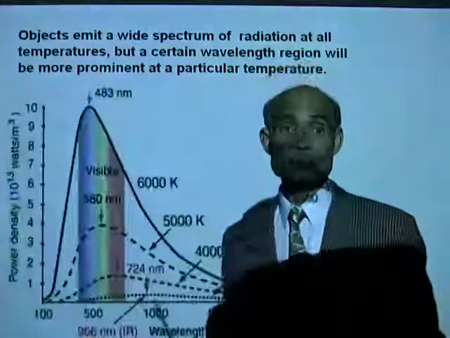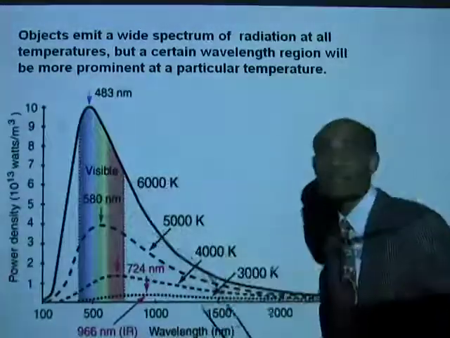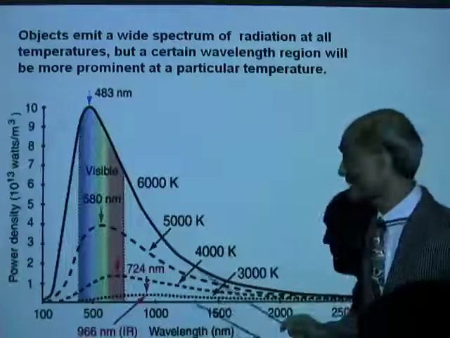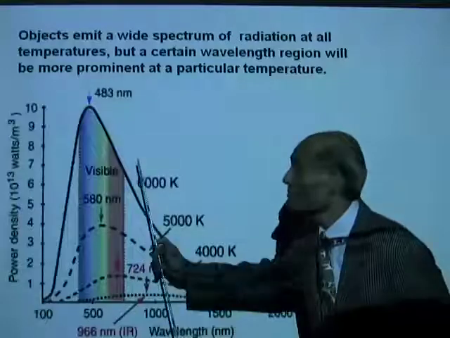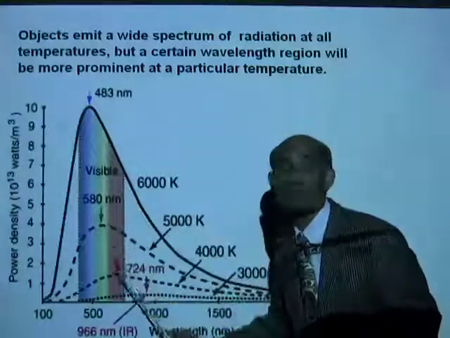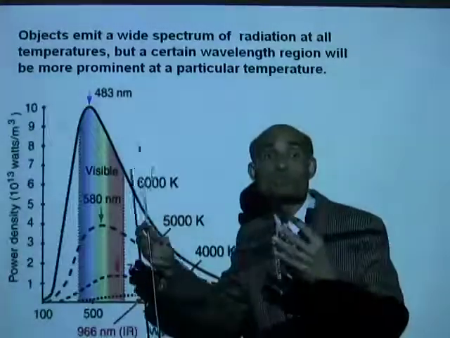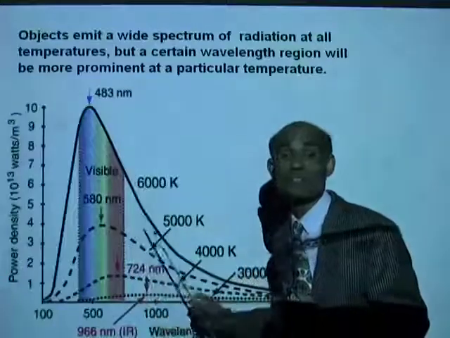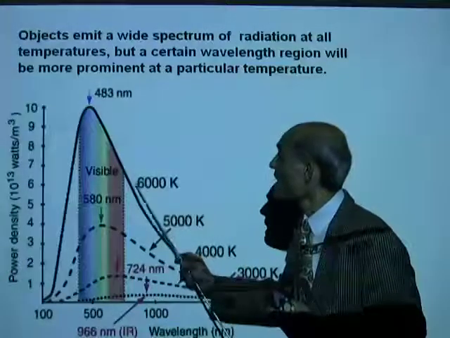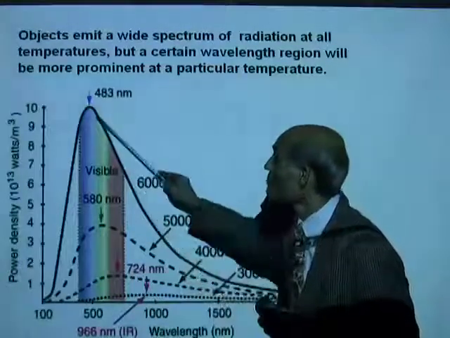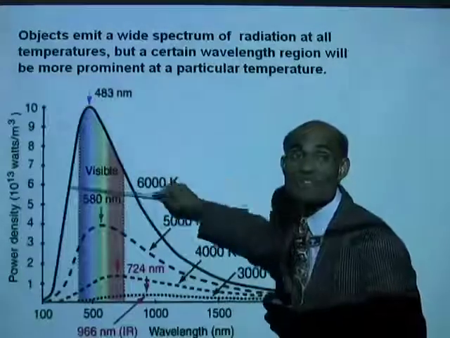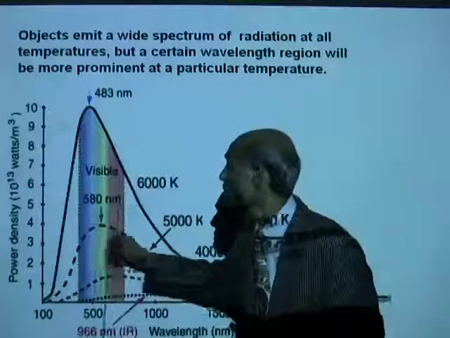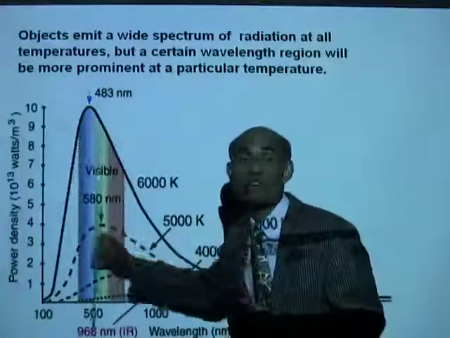Now, this picture illustrates that phenomenon. As you increase the temperature, the bump on the graph represents the most prominent radiation. See, look at that. At 6,000 Kelvin, the most prominent radiation is the visible light. And the visible light is represented by these different colors.